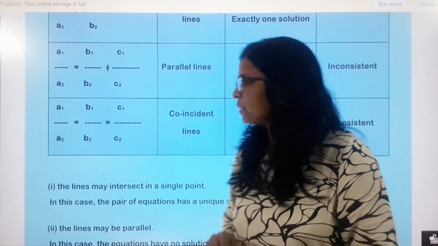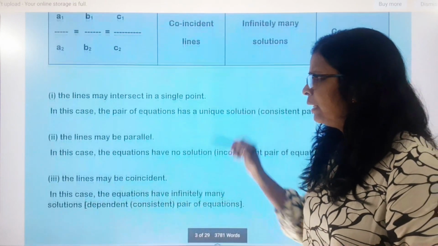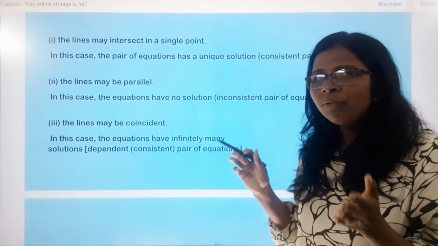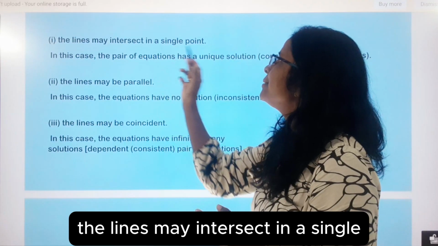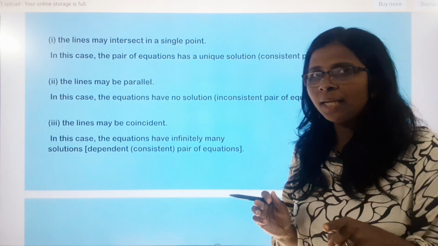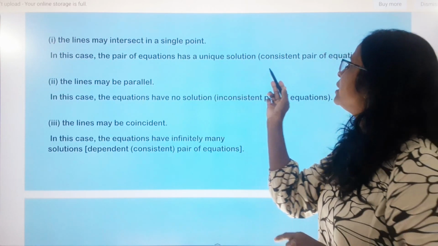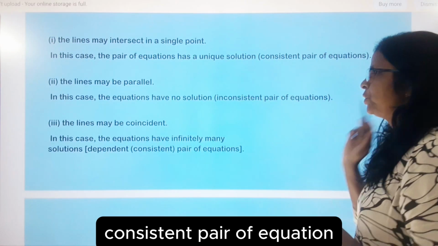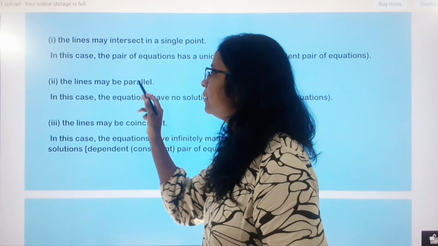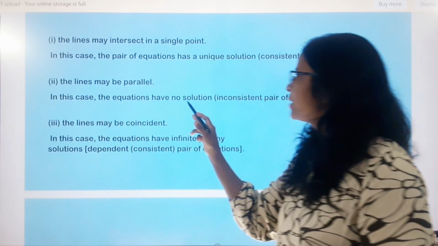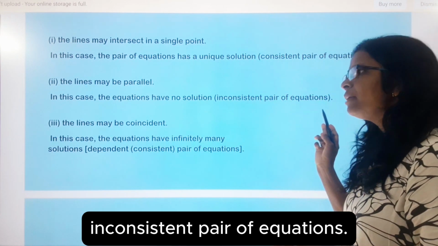Got this point? Now here, if you see it descriptively, then we can say that the lines may intersect in a single point. So in this case, the pair of equations has a unique solution. That means a consistent pair of equations. And the second one, the lines may be parallel. So in this case, the equations have no solutions and it is an inconsistent pair of equations.